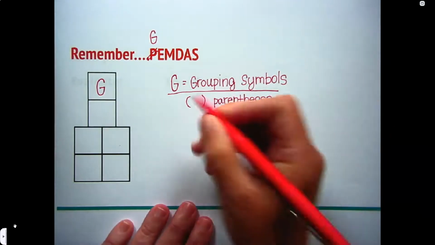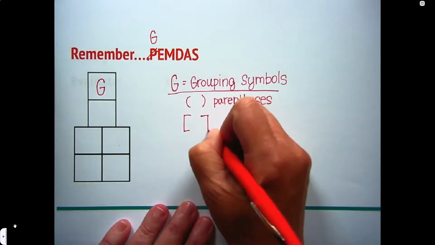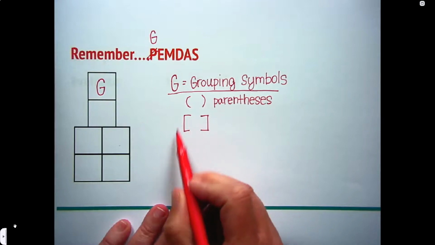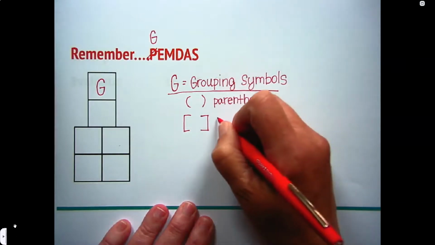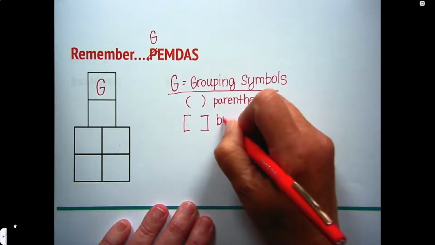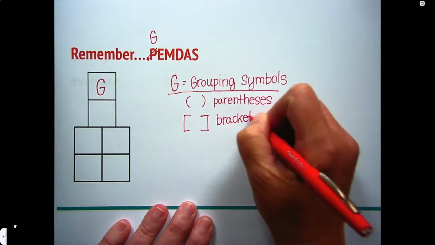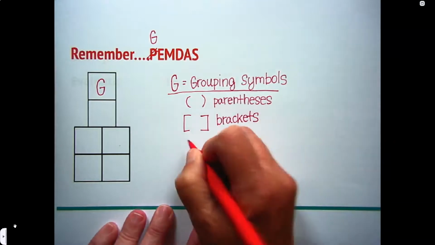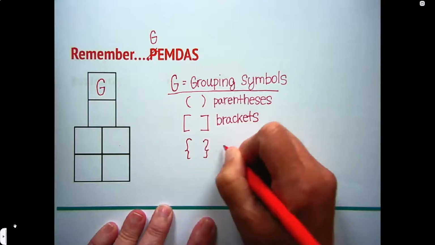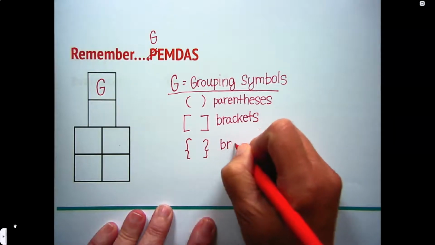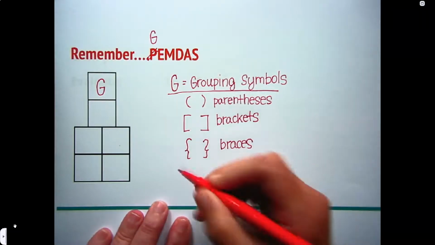But then here are some other types we might see. You might see these square grouping symbols. These are called brackets. So that would be another type of grouping symbol that we could see. Then there are these fancy squiggly ones. These are called braces, another type of grouping symbol.